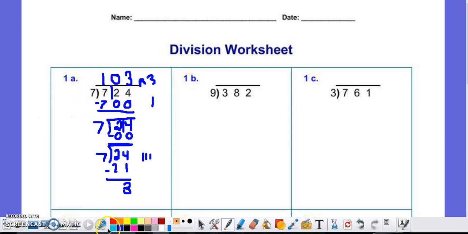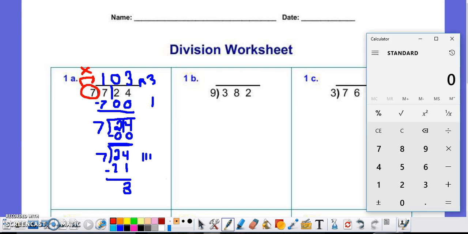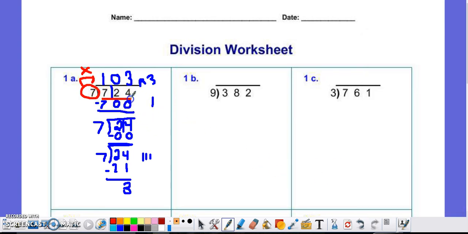You take the divisor, and I will do this in red, and you multiply it by the quotient. So I'm going to take 7 and multiply it by 103. 103 times 7 is equal to 721. Now you may be saying that does not match my dividend of 724, which is correct, but don't forget we still have this remainder out here.